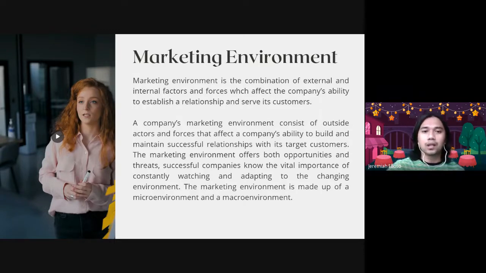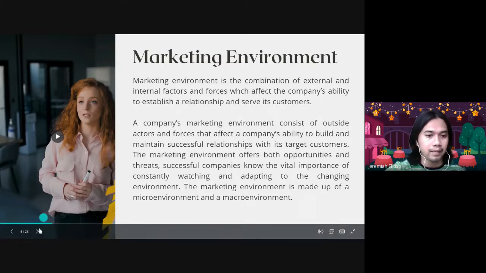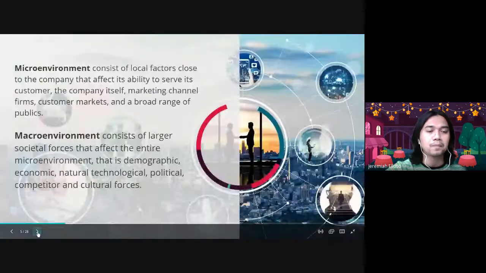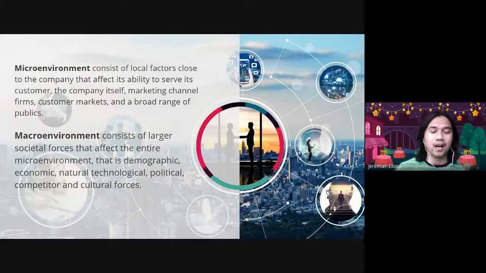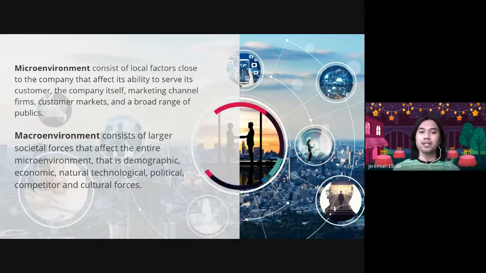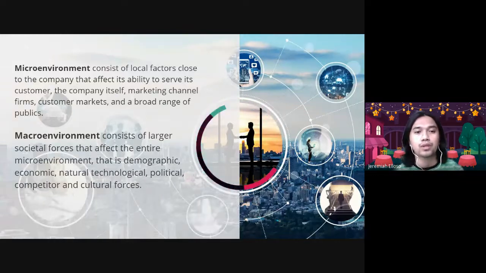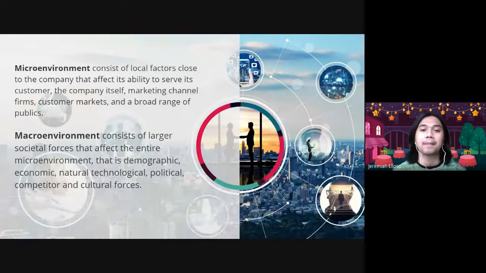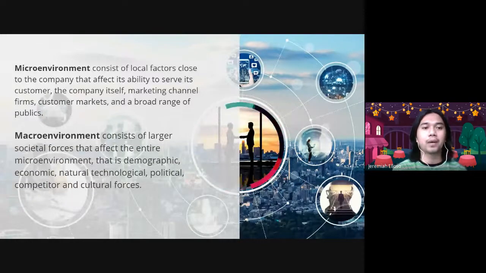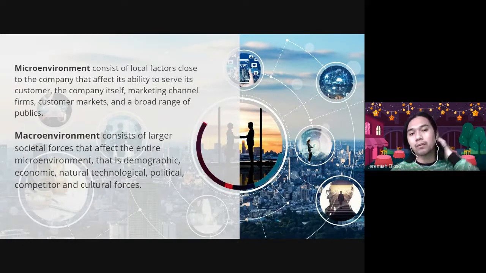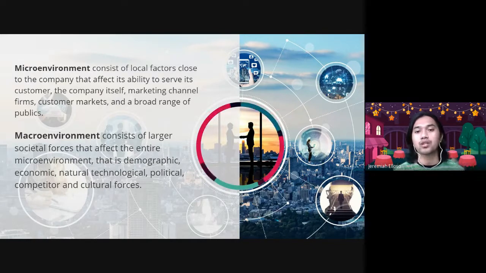Now, putting this into the perspective of a macro environment and micro environment, micro environment consists of local factors close to the company that affect its ability to serve its customer: the company itself, marketing channel firms, customer markets, and a broad range of public.